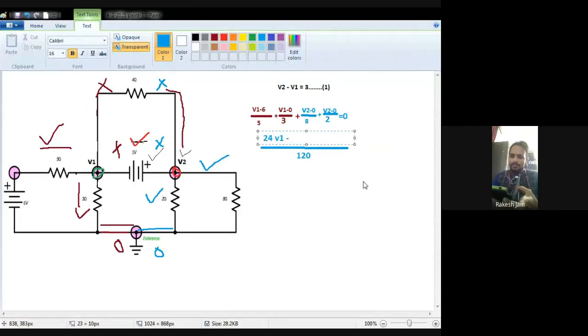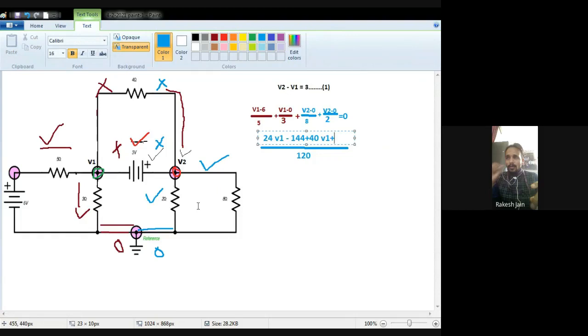24 V1 minus 24 multiplied by 6. What will be the answer of 24 multiplied by 6? Now I find out. That will be 144. Then plus 120 divided by 3, 40 times it will be divided. Then minus 0, so no meaning to write down that.